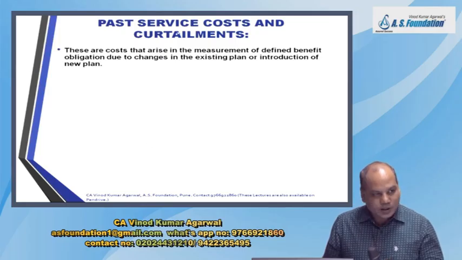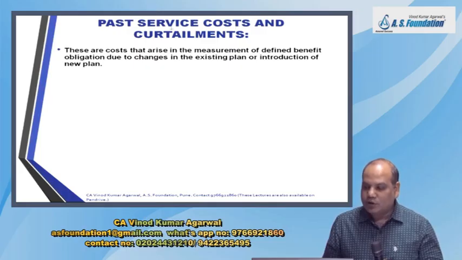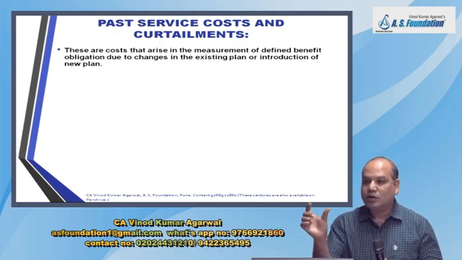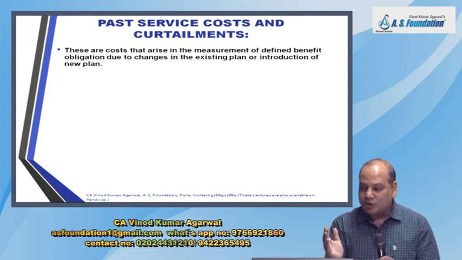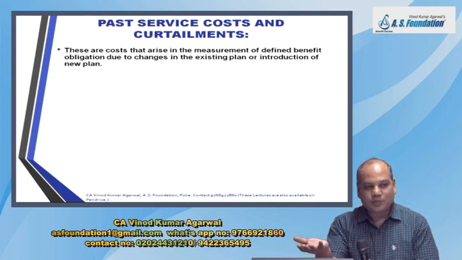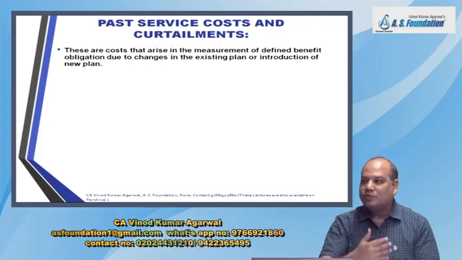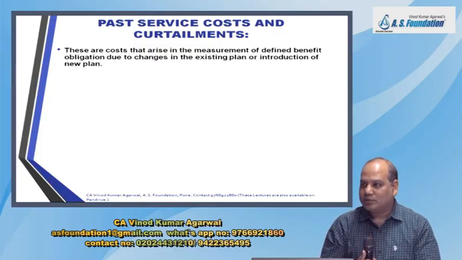Why is it called past service cost? It is the cost for the services already rendered in the past. Current service cost is the cost for rendering service in the current period. Now here my cost is going up, but for the service which has already been rendered in the past.